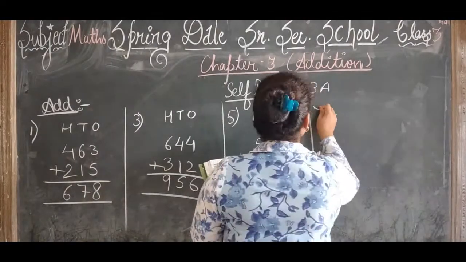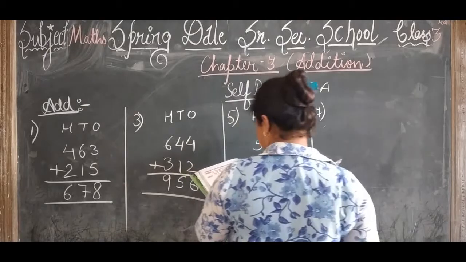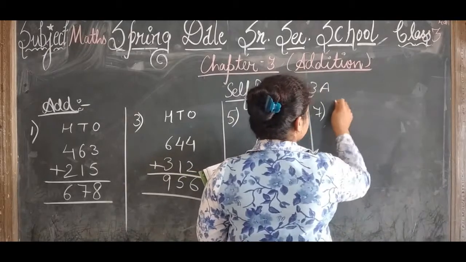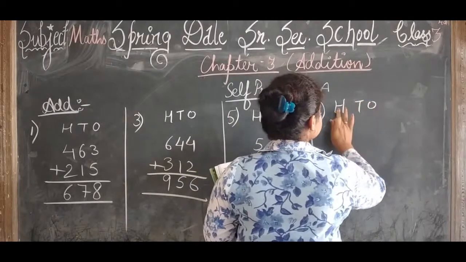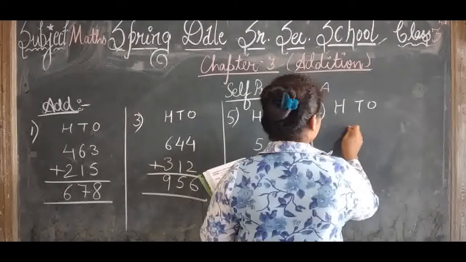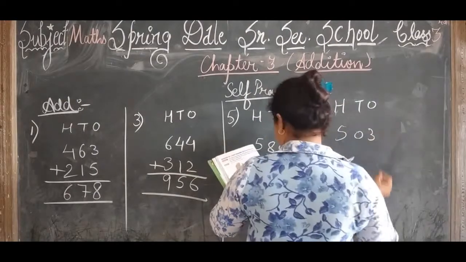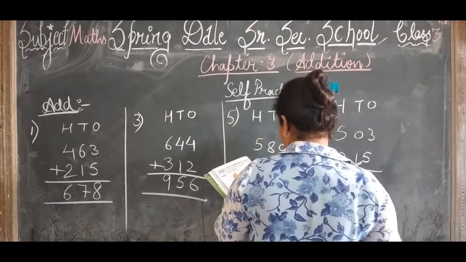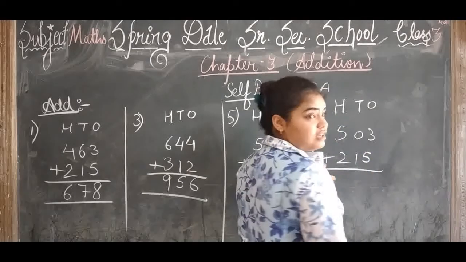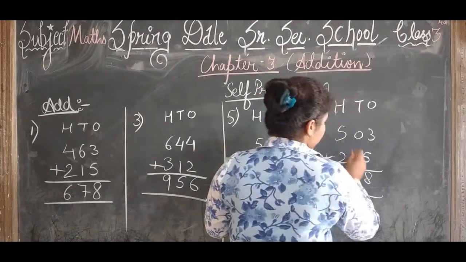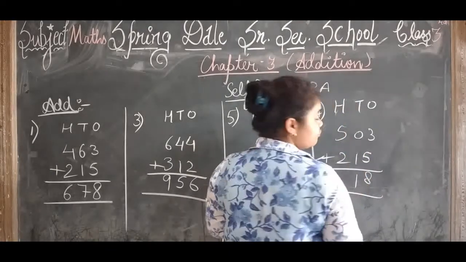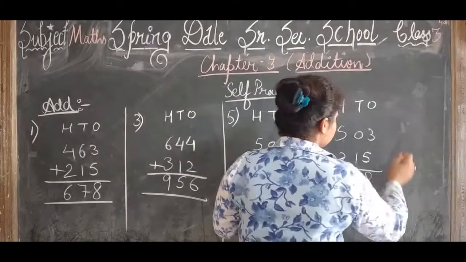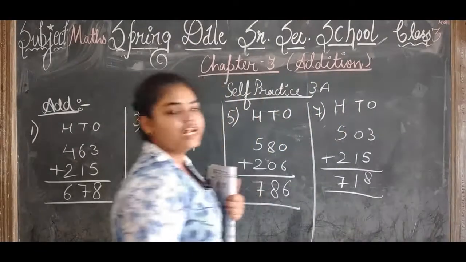Next we have part 7, that is 100 tens and ones, 503 plus 215. Now 5 plus 3, 8. 1 plus 0, 1. 5 plus 2, 7. The number we get is 718.